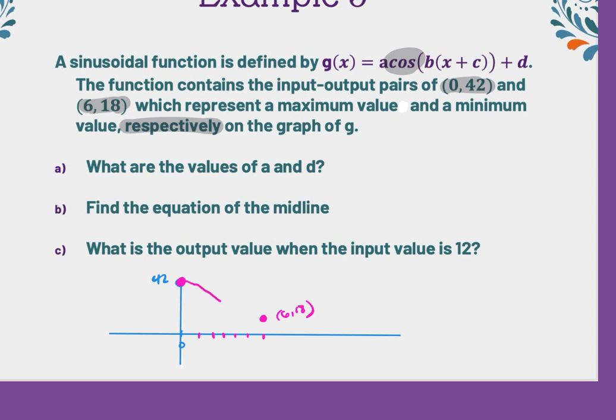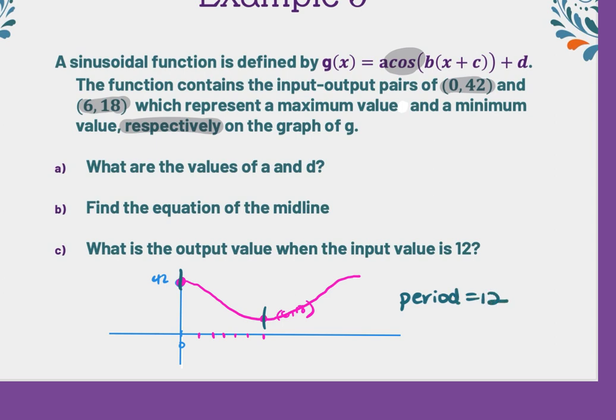So this is coming down, and then it's going to end up coming back up again. So I know a couple of things already. One is the distance between that max and the min would be half the period. So from 0 to 6 is actually half the period. That means that your full period is 12.